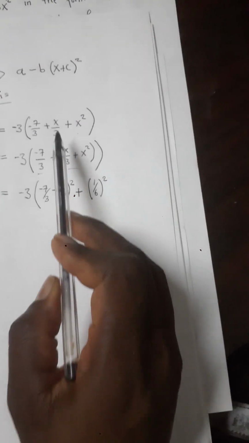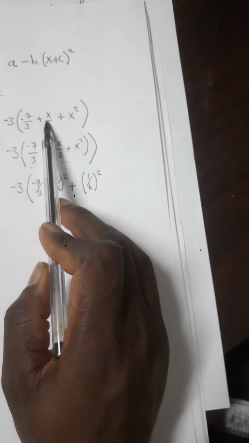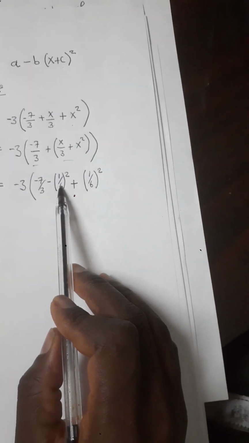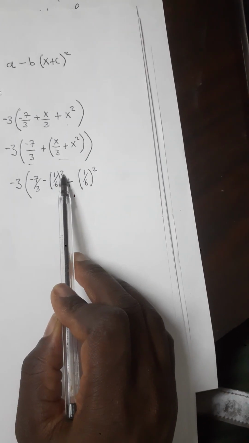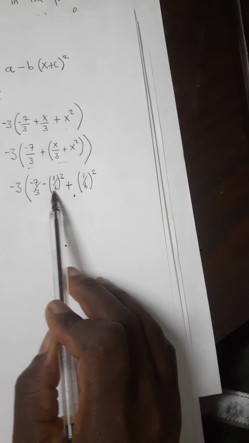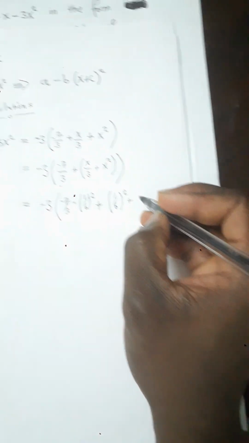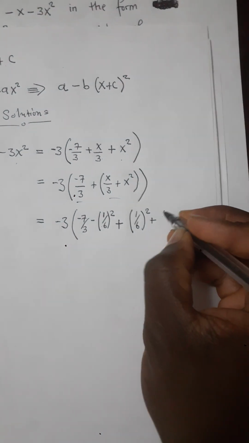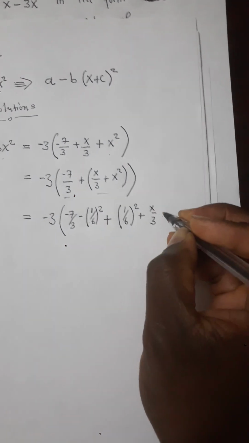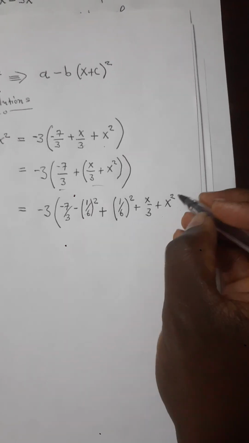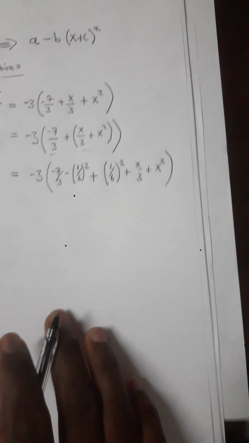I got the coefficient of this term, multiply by half, and raise it to power 2. So I add this to that constant, then I'll have plus x over 3 plus x raised to the power 2. I hope you can see there.